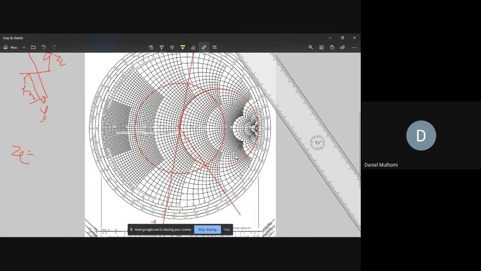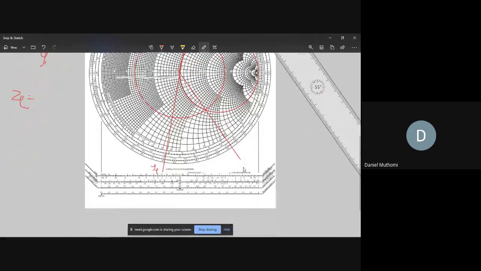Yeah, so you draw that line, and this will be your stub position.